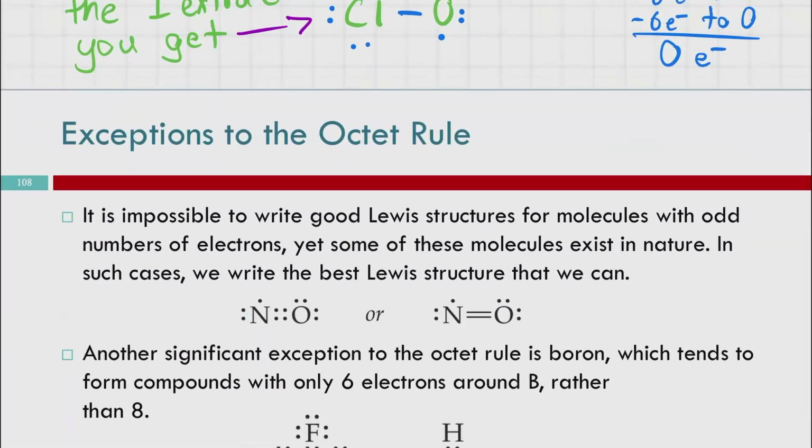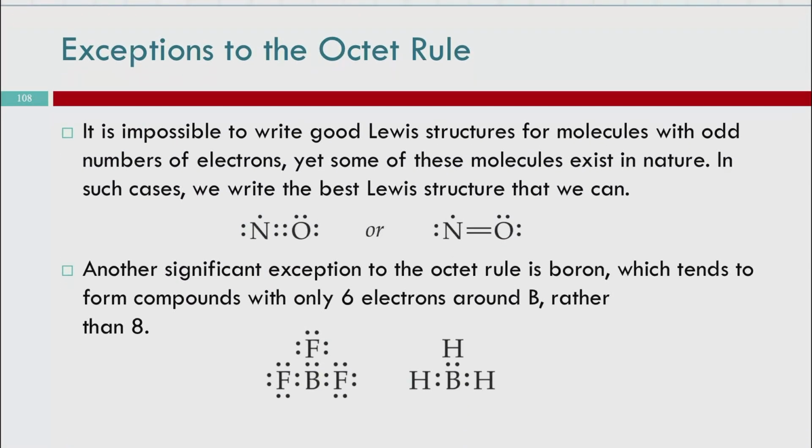Great. We also have exceptions to the octet rule, so sometimes we will only be able to end up with some odd electron species. That's typically not going to be the case, so we're mentioning it here just so that you know it can happen. It shouldn't happen for anything that you have to do for the class, though, just because it's confusing.